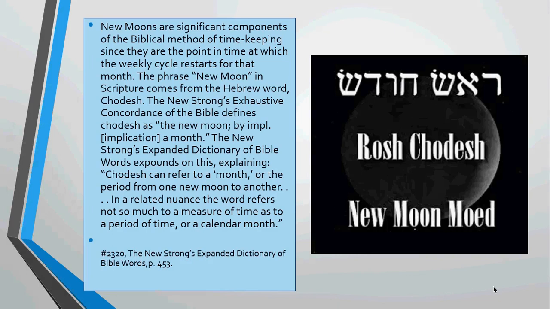The New Strong's Expanded Dictionary of the Bible Words expounds on this, explaining Kodesh can refer to a month or the period from one new moon to another. In a related nuance, the word refers not so much to a measure of time as to a period of time or a calendar month.